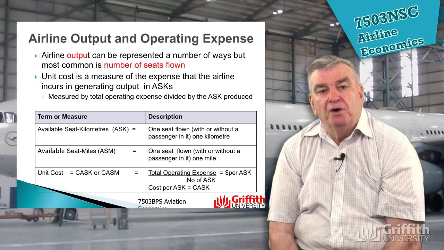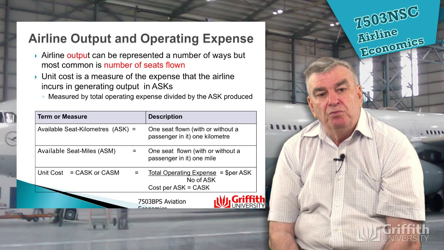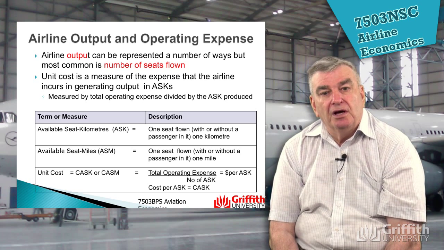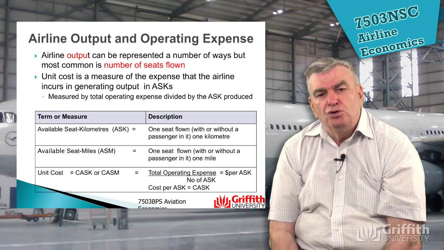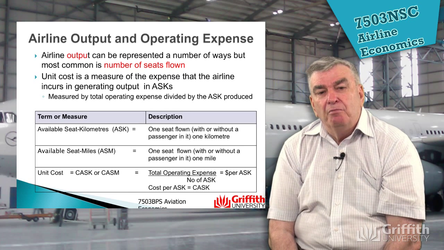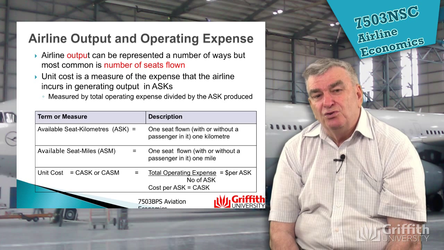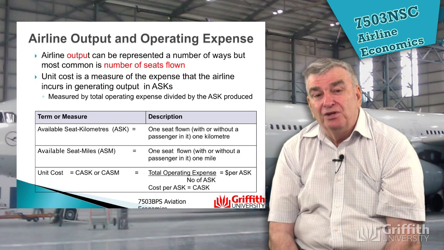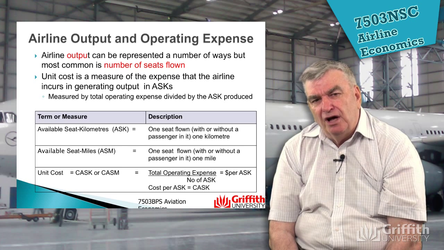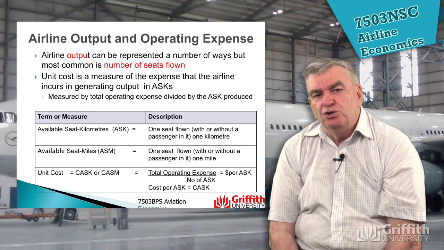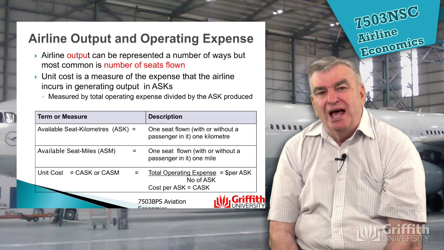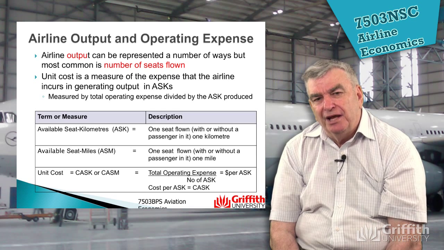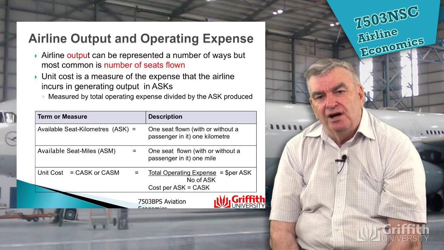For example, North America tends to use air seat miles, whereas Europe and most of the world is talking about air seat kilometres. But the one thing that we find in this course is, because the United States provides so much data on their airlines, we tend to have a little bit of a bias towards the North American airlines, simply because that's where the data is available that helps us to understand and study our airlines more.